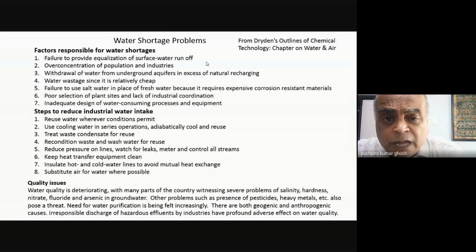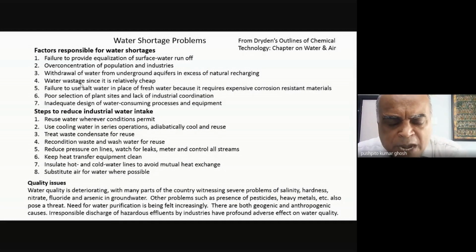While it all looks nice and you get bumper crops, people are not realizing that our posterity will pay the price, and our aquifers are getting depleted. There's a lot of water wastage from leaks in pipes, etc. Water gets wasted. Now, when we are talking about water, we are really talking about fresh water.